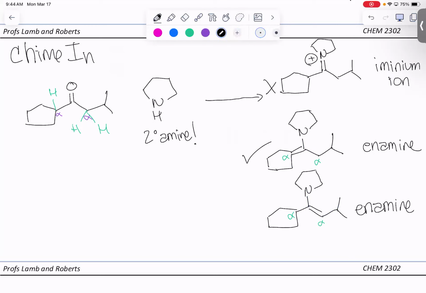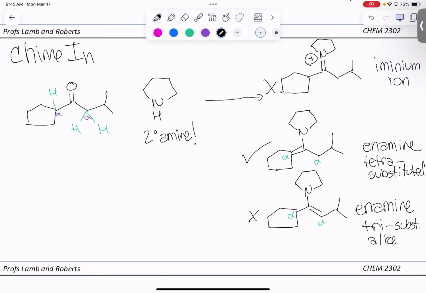So this is the correct answer with B. This is a trisubstituted. This one is the tetrasubstituted alkene. So that's why we know that it is correct. Right? Versus this is a trisubstituted alkene. And tetra is more than tri, all right?